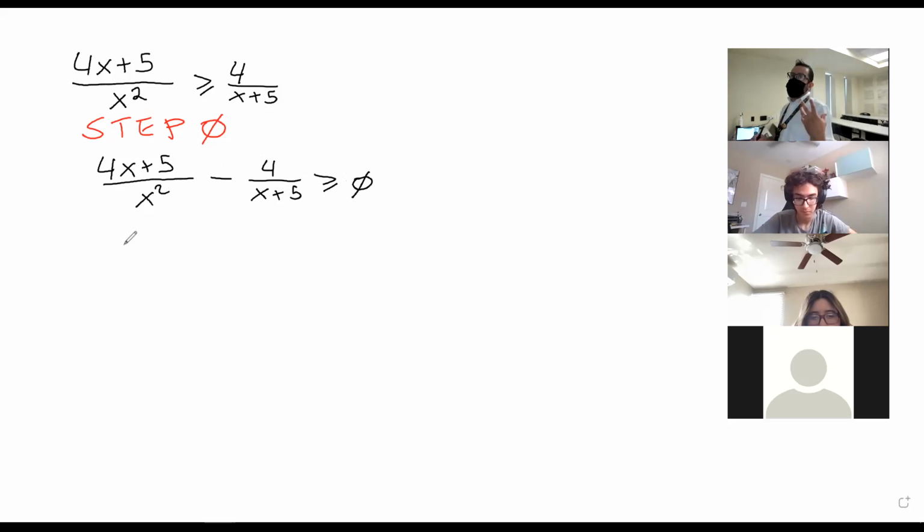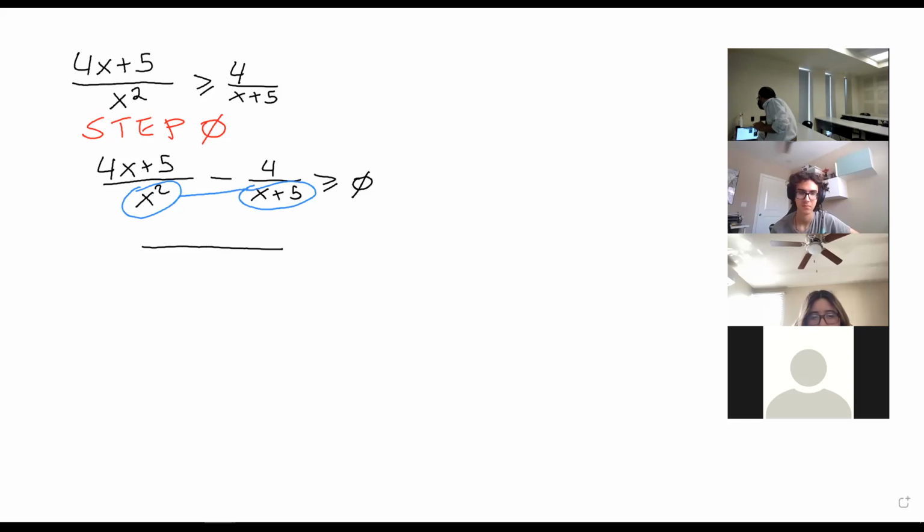The next thing we need to do is have everything in one quotient with the factors. And so we're going to be using the common denominator. And the common denominator is going to be these two elements here. And we're going to join them into one fraction, where the common denominator is x squared multiplied by x plus 5.